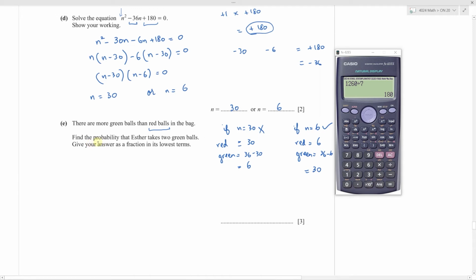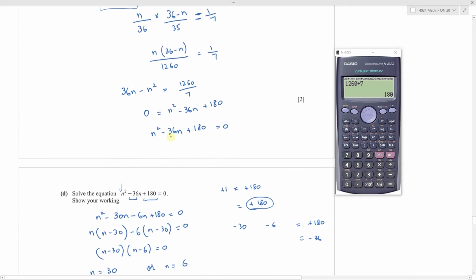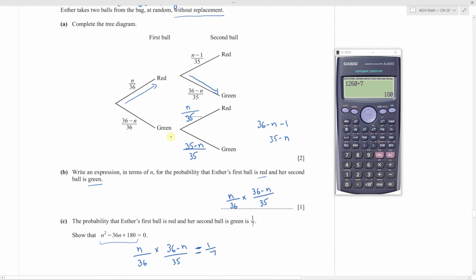So now you have to find the probability that Esther takes 2 green balls. So if we go back to the probability tree diagram, now you have to go down this branch. First is green and then second is green as well. So this is 36 minus n over 36 and then 35 minus n over 35.